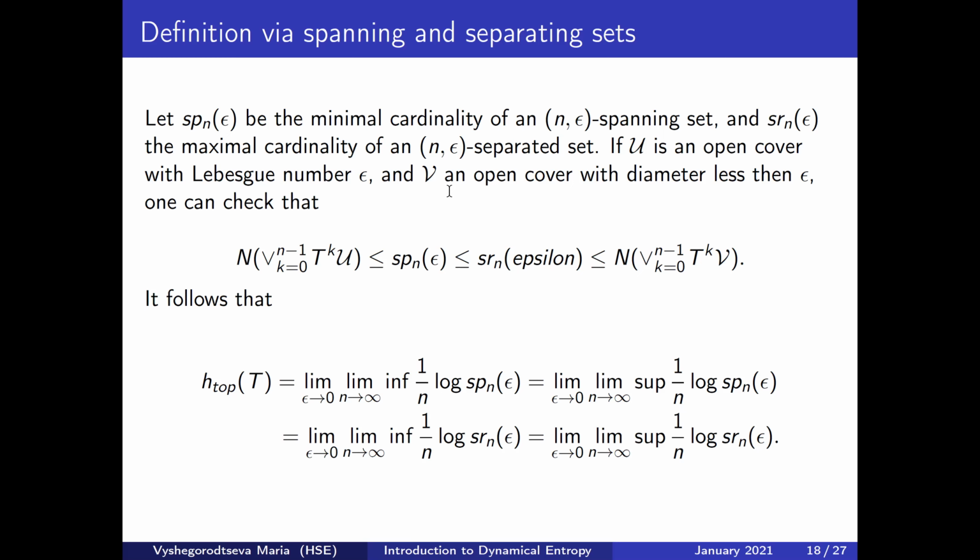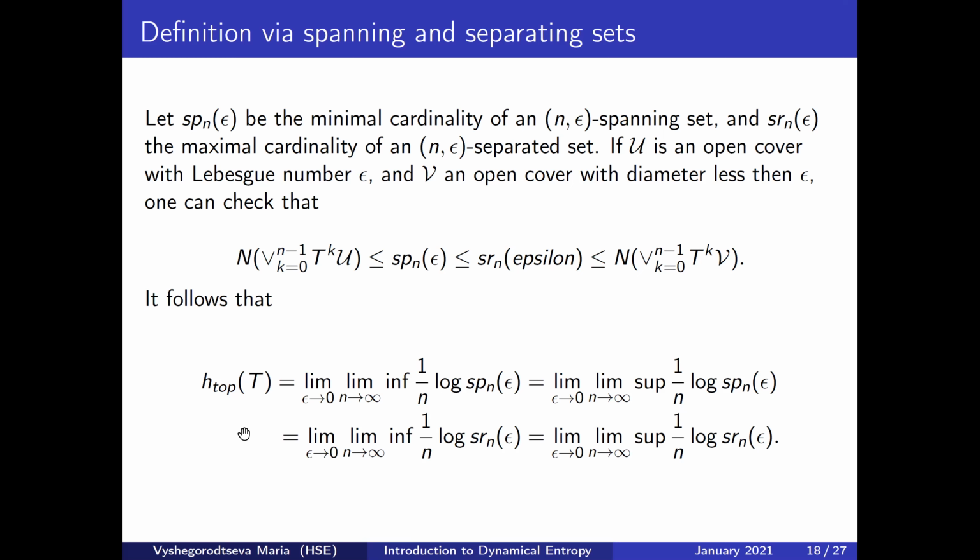Then we can check. Oh, I'm sorry, I have forgotten to put a slash, and it didn't compile well. So one can check that these inequalities hold. Three inequalities actually, and from this we can derive the following definition for topological entropy.